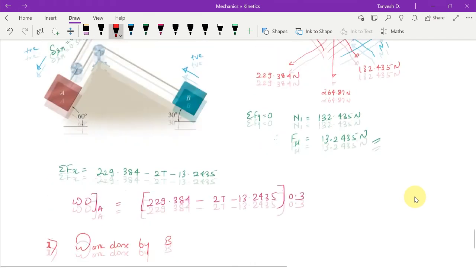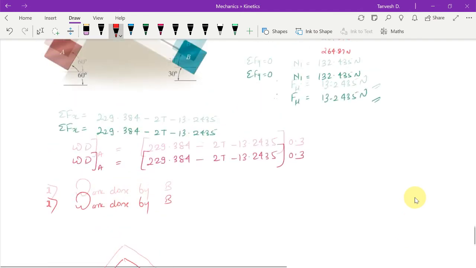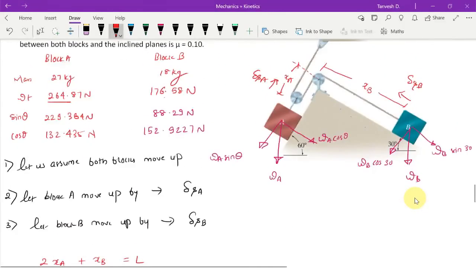Let me draw the block. The weight of the block is 176.58 newtons.